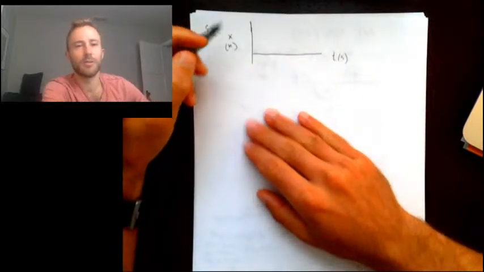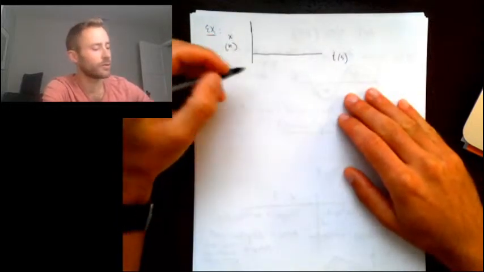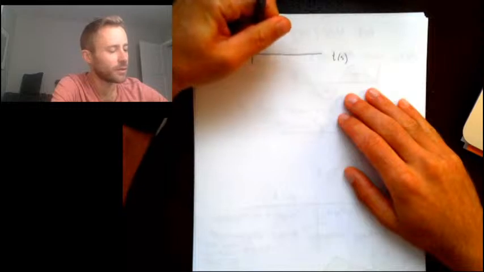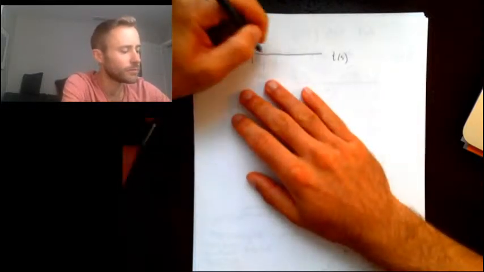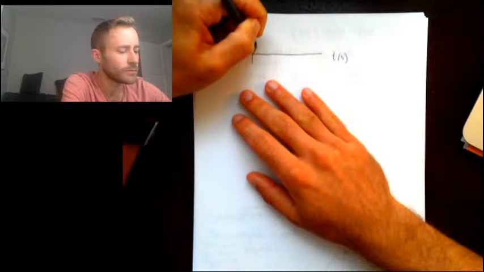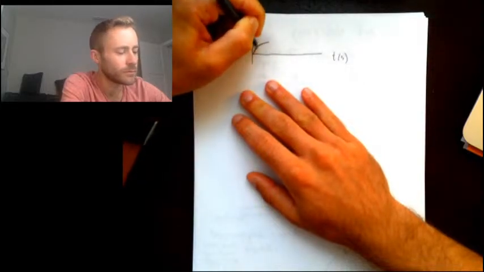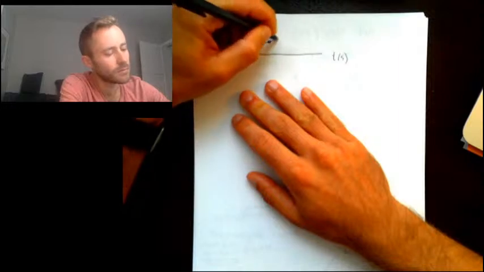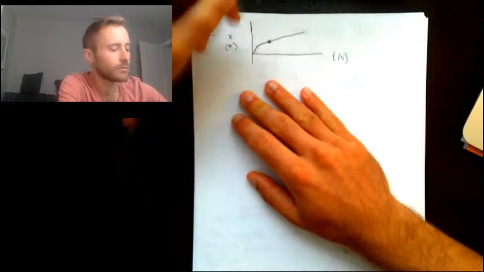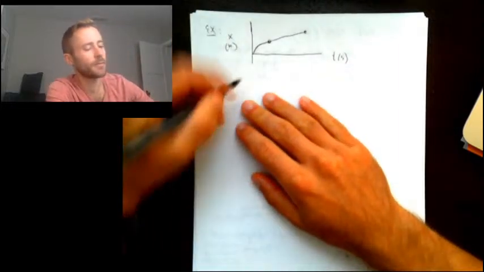And let's say that the position time graph looks like this. Okay.